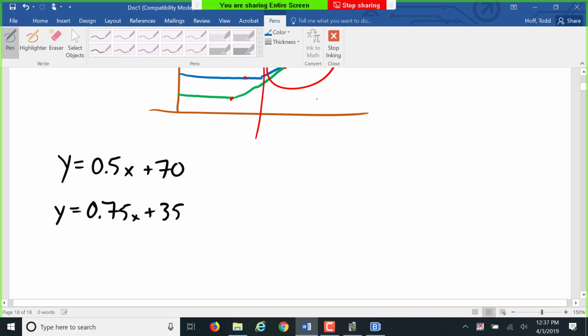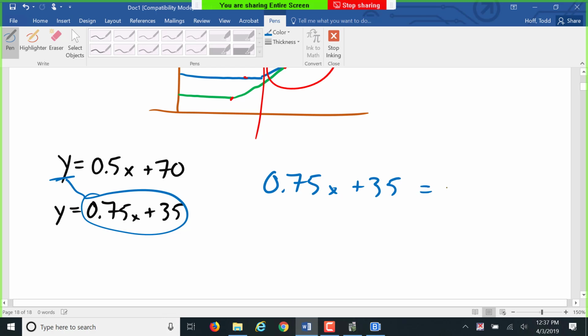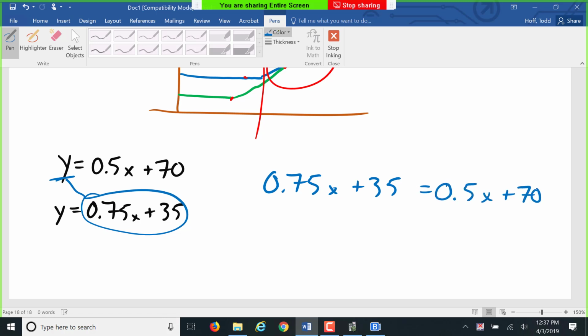This is solving a system of equations. This is a case where we can just do substitution. Both of these are solved for y, so what I can do is plug this into this one in place of y. So we get 0.75x plus 35 equals 0.5x plus 70, and we solve.